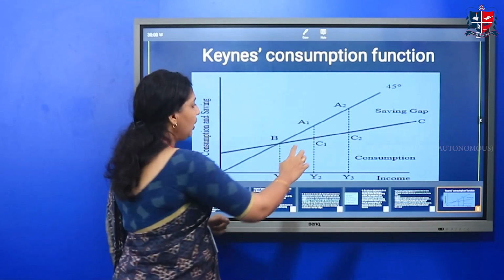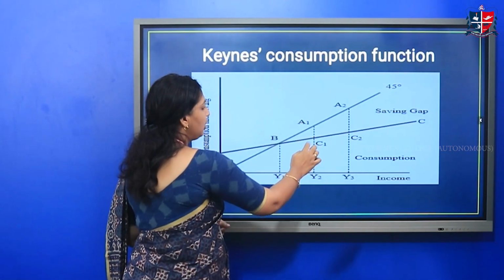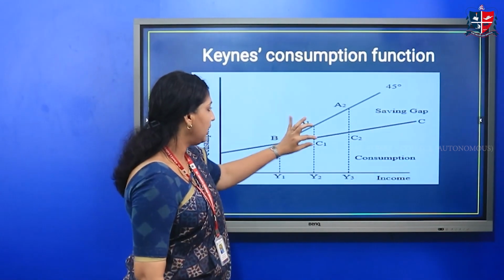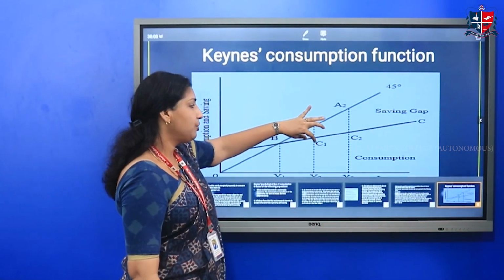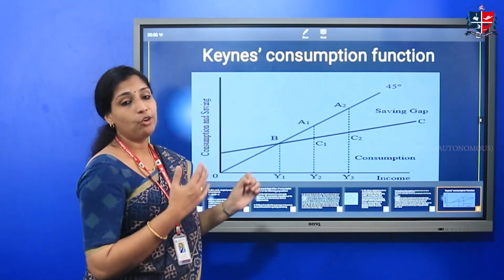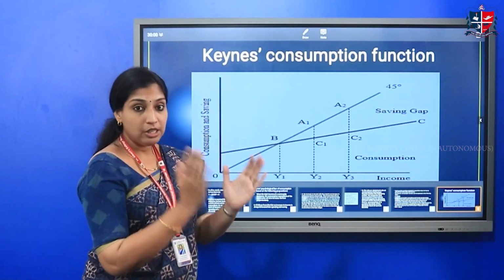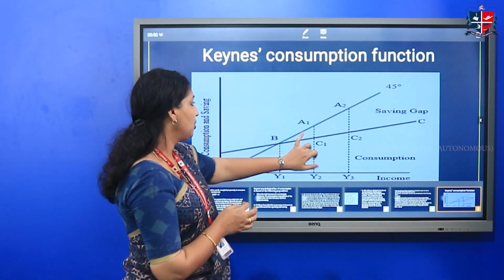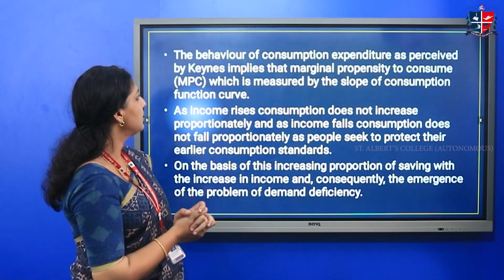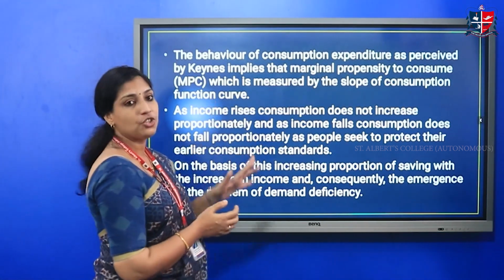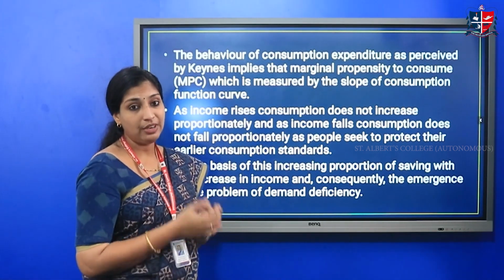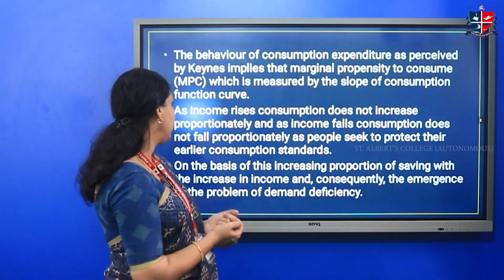That means we can draw a slope like this. So this much will be the change in consumption, and this will be the change in income. That slope denotes the marginal propensity to consume. That means the slope of the consumption function curve gives us the marginal propensity to consume.